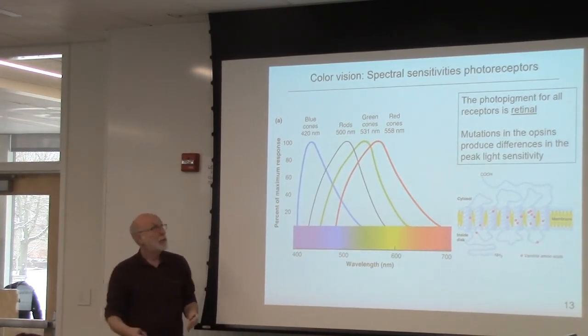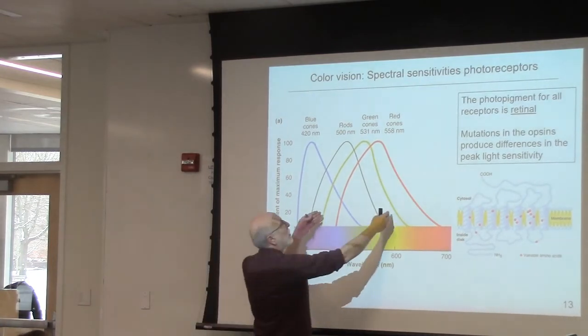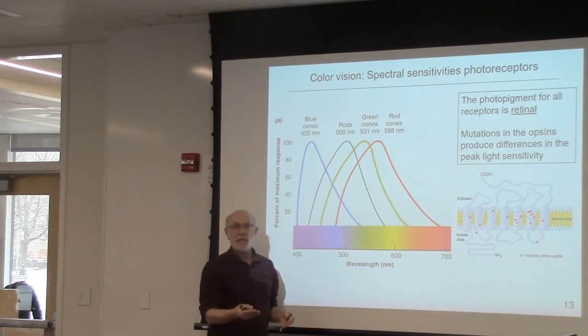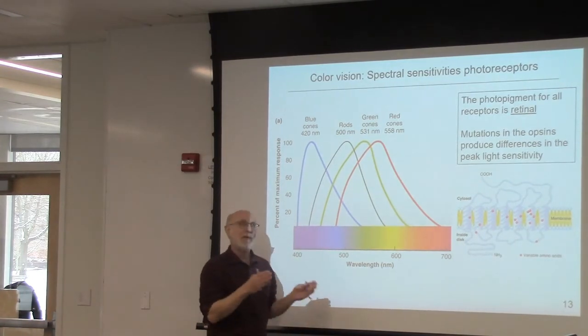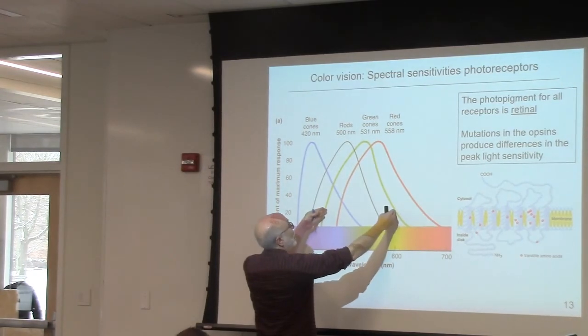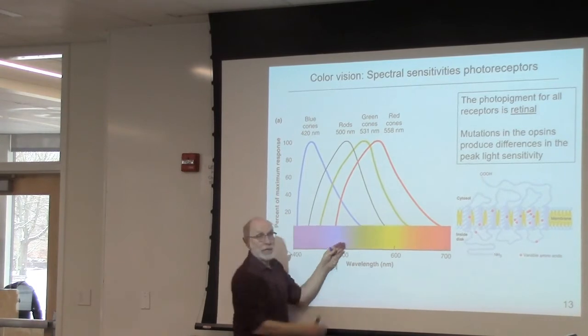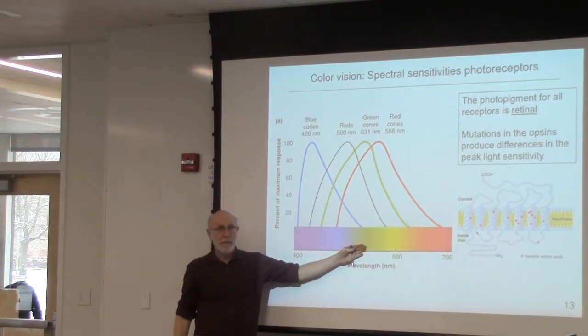Other cones express other opsins. So for example, green sensitive cones, they are not green, just sensitive to green light, express an opsin that is highly activated in the green-yellow region of light.